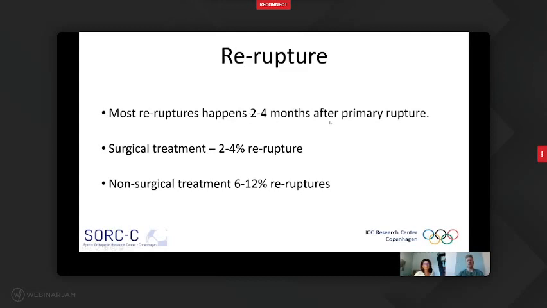So 2 to 4 months after the primary rupture. If they're surgically treated, it's 2 to 4%. If they're non-surgically treated, it's 6 to 12%, depending on which studies you look at. So to avoid re-rupture, we ought to operate on them all. But then, of course, we provoke other risks by operating on them, and that's the balance we have to find.